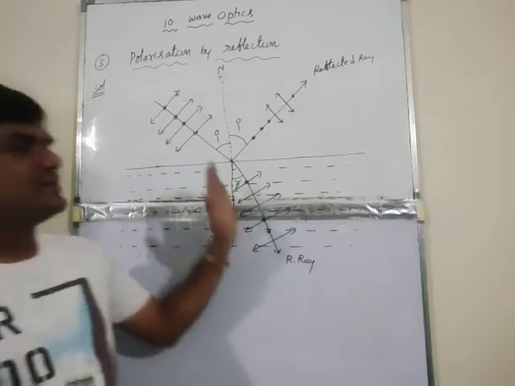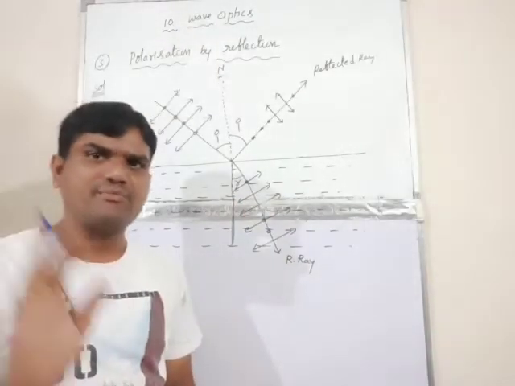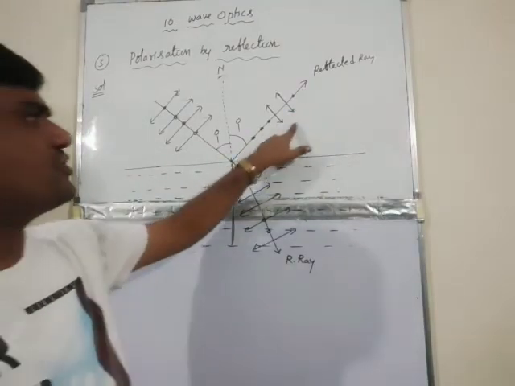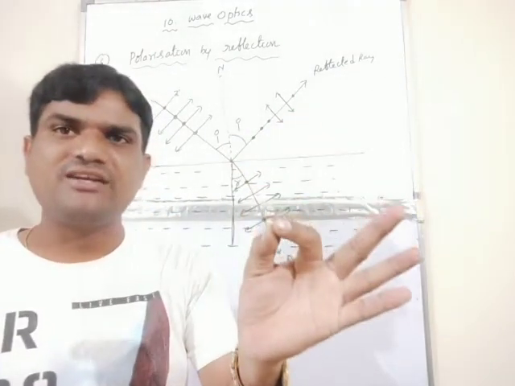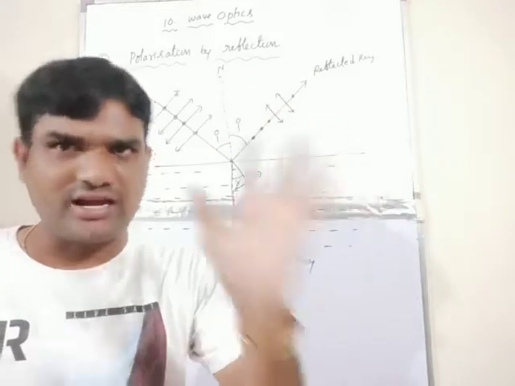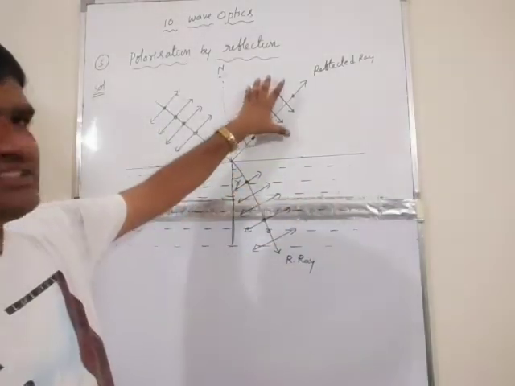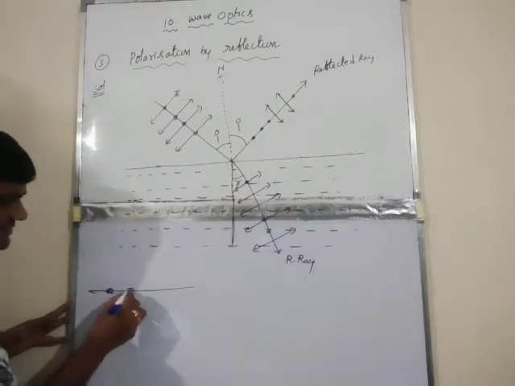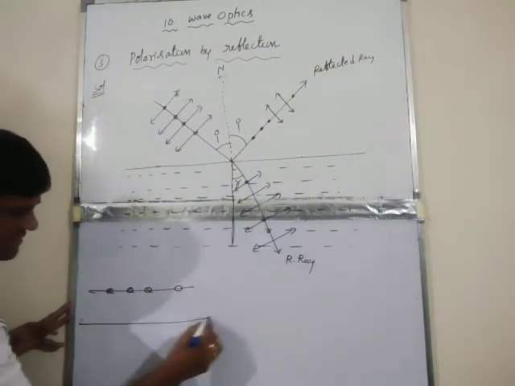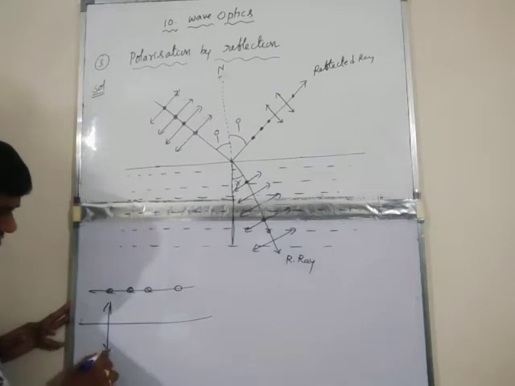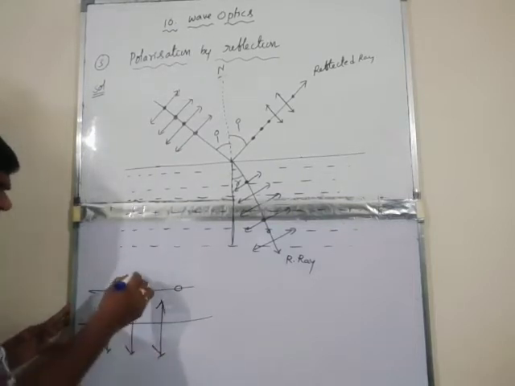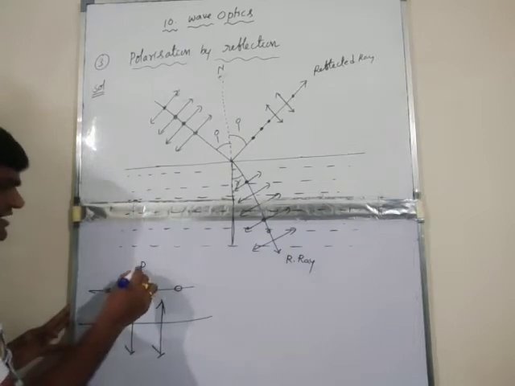Remember that such a phenomenon is known as partially polarized. Completely polarized means either only dot or only arrow symbols, like that. This one is completely polarized, and this one also.